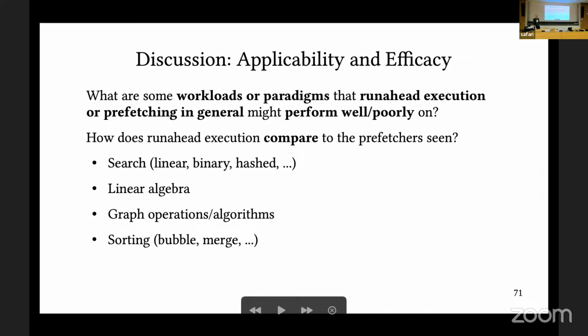Well, I guess in a linear search, a normal prefetcher that always takes an offset already predicts every access, right? So there's no point in doing any run-ahead execution. Yeah, that's basically it.